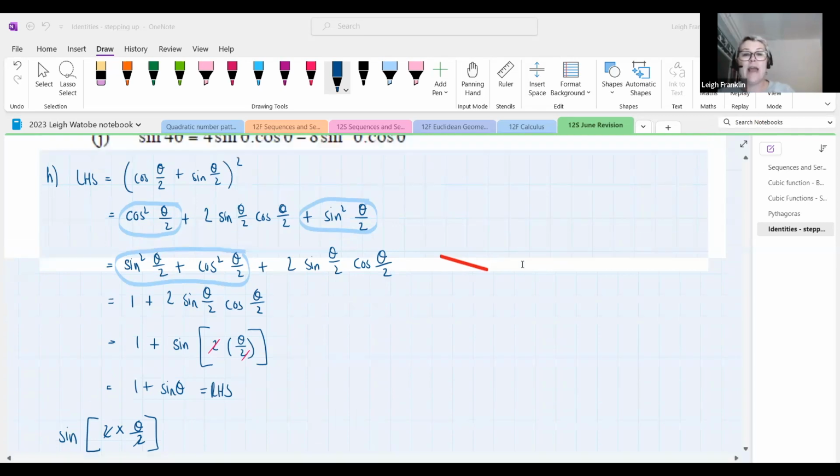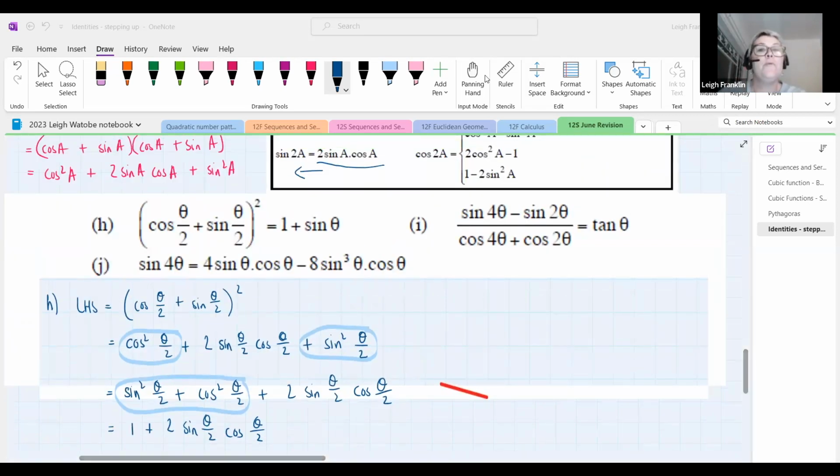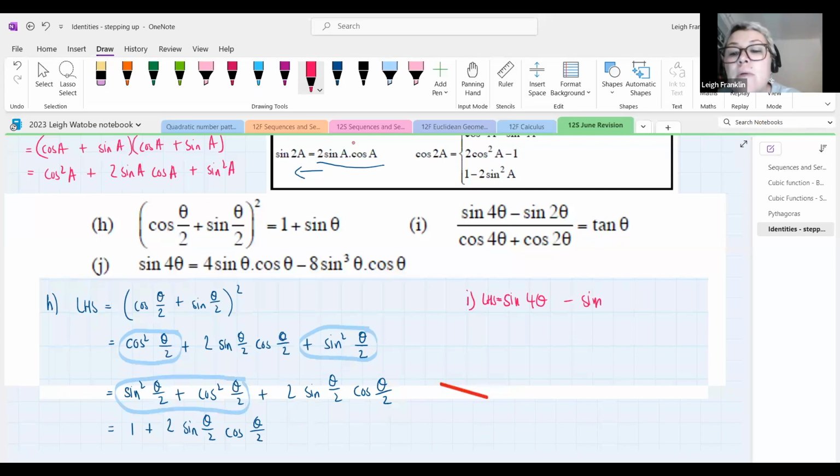Let's go and have a look at this one over here. What throws us with this particular question is this sine 4 theta, isn't it? So the left-hand side equals sine 4 theta minus sine 2 theta, and at the bottom we've got cos 4 theta plus cos 2 theta.